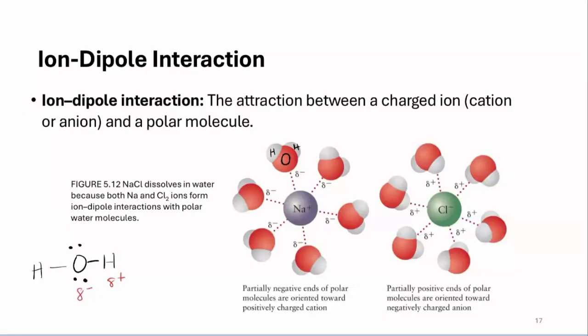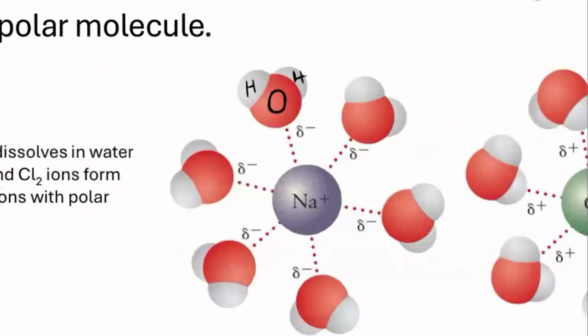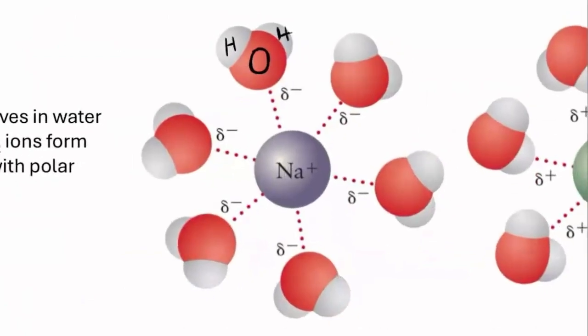So when we have an ion-dipole interaction, in this case, our polar molecule is water. When we look specifically at the cation, the ion-dipole interaction or force is a dotted line that we draw between the delta negative portion of our water and the cation.